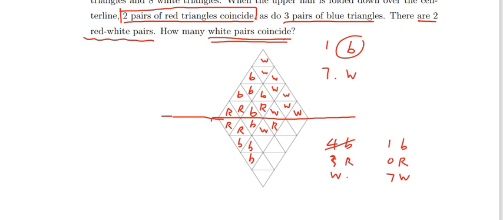The only thing is we cannot put a W here, because if we have a W, then we have a WB pair, right? So where should we put a B?